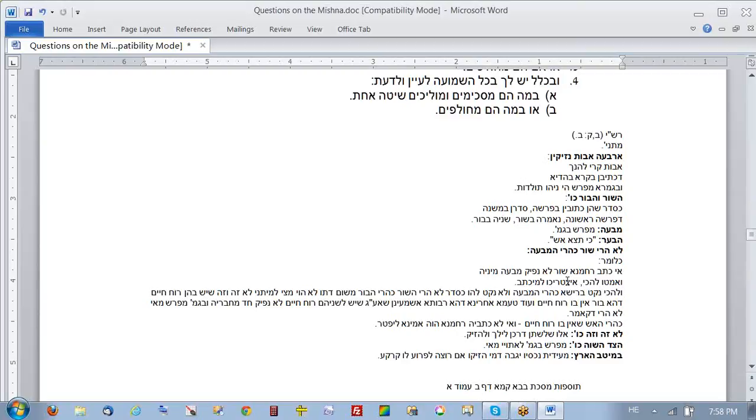Which would mean, since shor and mava are written, I see that the chumrah of shor is eliminated by mava, and I see the chumrah of mava is eliminated by shor, and therefore, since I have both of them written, they are in effect eliminating both chumras and forcing me into an LCD. That's how I would read it.